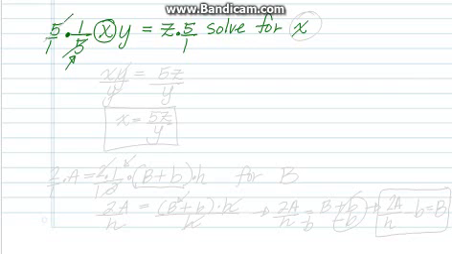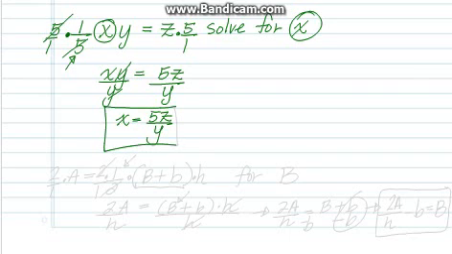Now this makes those go away. So we're just left with xy on the left, and on the right we have 5z. Now we're trying to solve for x, so I will divide by y. That leaves us with x is equal to 5z over y.